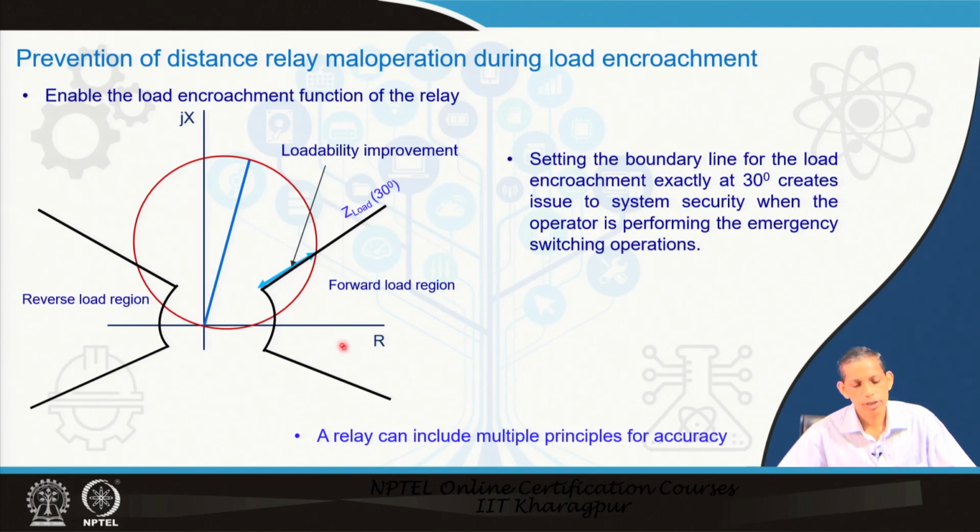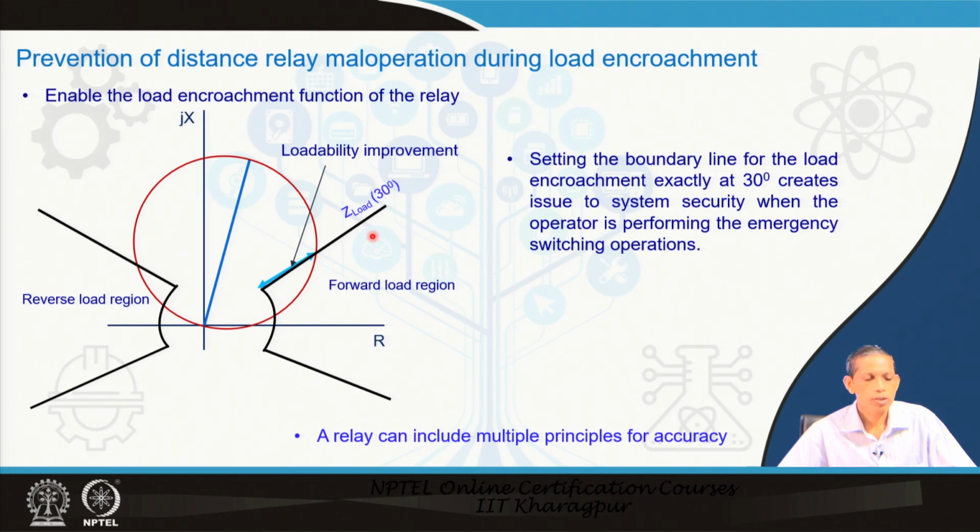Any point inside this portion is considered a load and the relay will not trip. The relay will trip when the point is beyond this and inside the characteristic. However, 30 degrees is not a fixed option. It has been observed that in different emergency situations this line setting of 30 degrees may not be proper, so in such situations it should be a different angle.